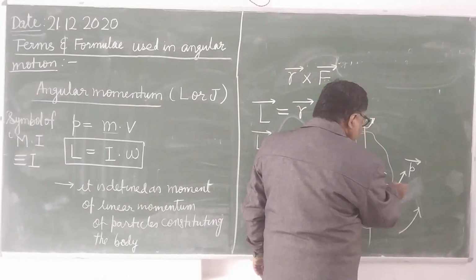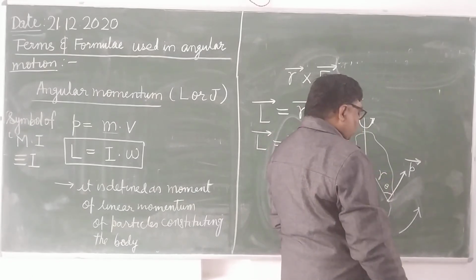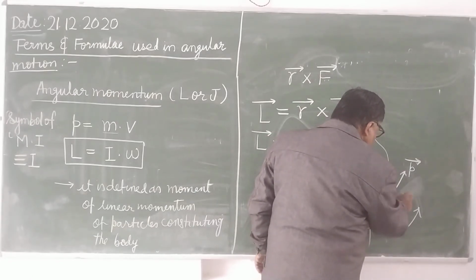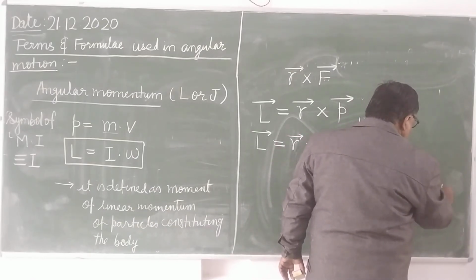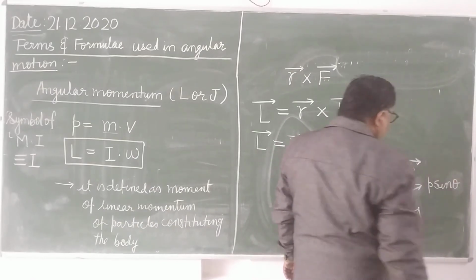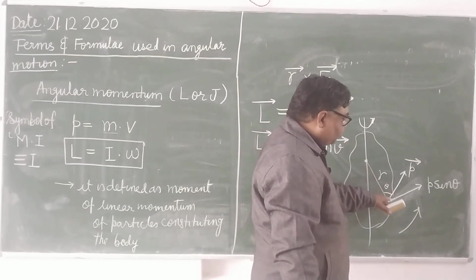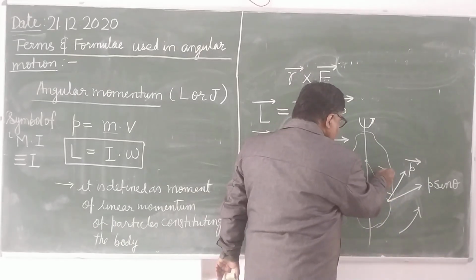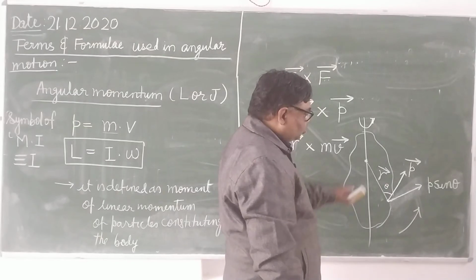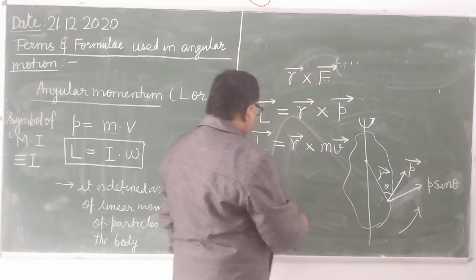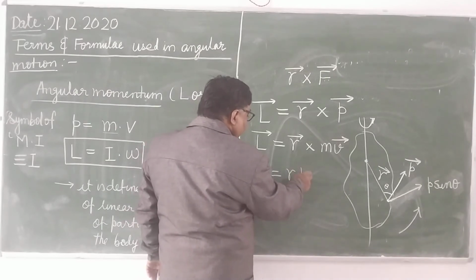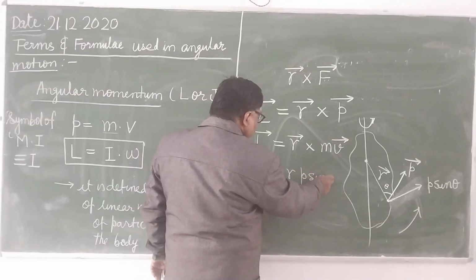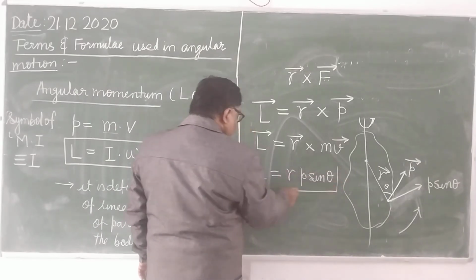The component in this direction is P cos theta, and the component in the perpendicular direction is P sin theta. So it will be P sin theta into r, where r is the magnitude of this vector r. So L equals r into P sin theta. That way also we write.